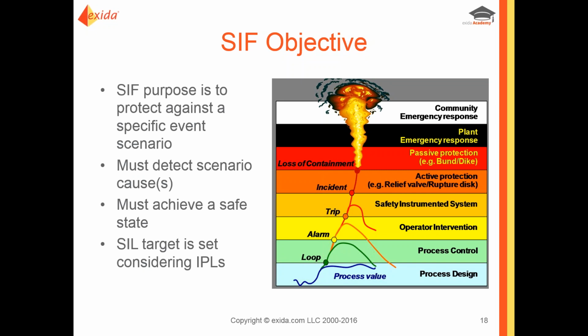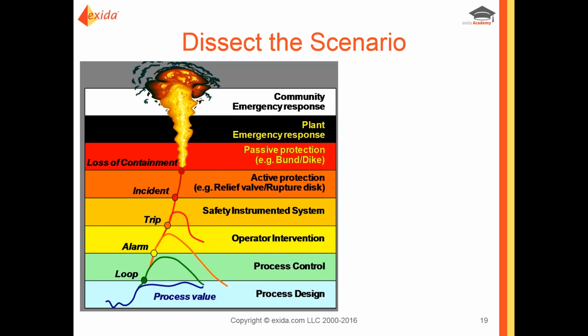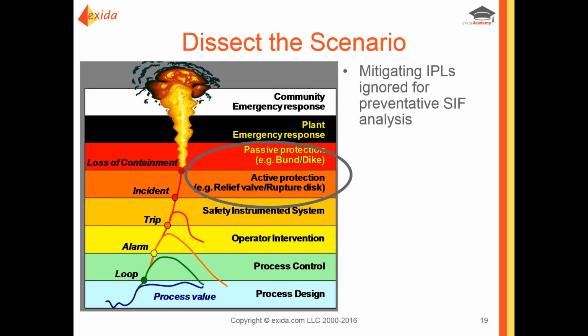And of course, when we've defined a SIF, we have set its safety integrity level target considering independent protection layers. But when we're calculating the SIF response time, we do not necessarily consider those protection layers as part of that calculation. Let's look at how we might dissect this scenario to look at the different components of the timeline.